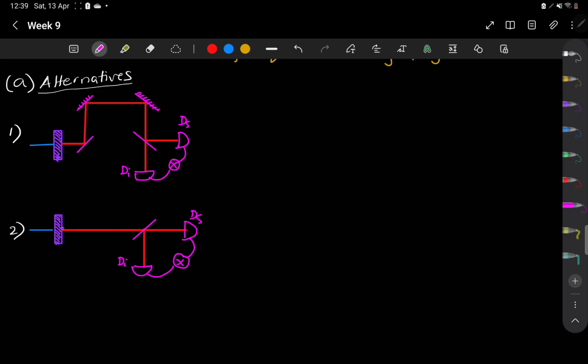The field gets transmitted at the first beam splitter, and then, oh sorry, I drew the beam splitter in the wrong orientation. And then upon reaching the second beam splitter, one photon gets reflected and one photon gets transmitted.